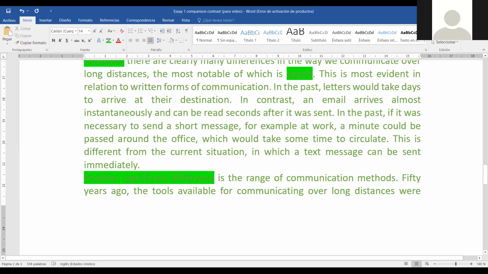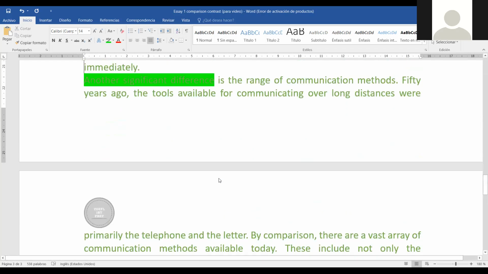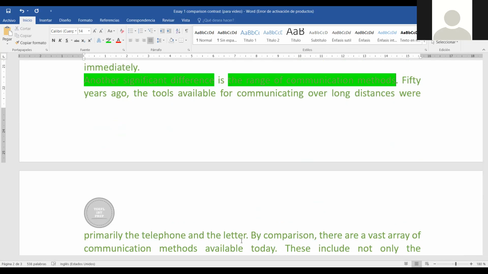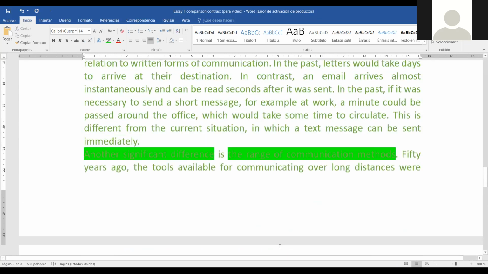Like here, another significant difference, and you complete the idea, is the range of communication methods. You see, I am introducing that this is another idea and that my topic is the range of communication methods, because nowadays we have different ones: it can be written, it can be a voice message, it can be telephone, it can be video conference. We have many possibilities. So this is my second topic.